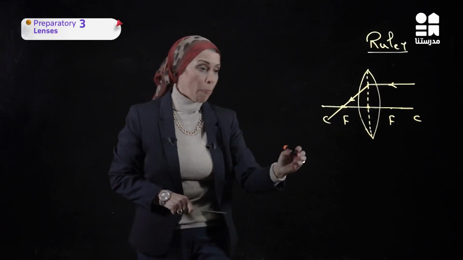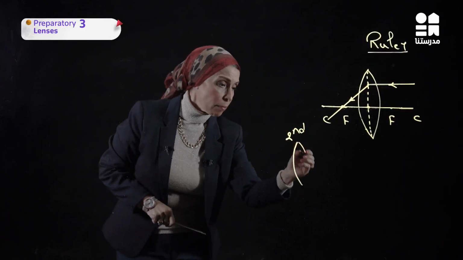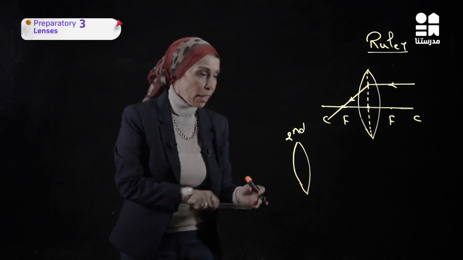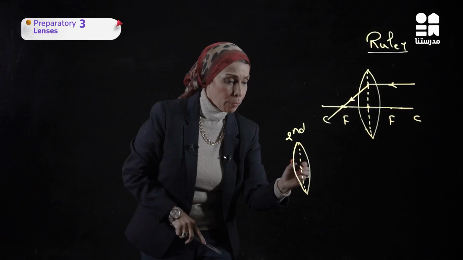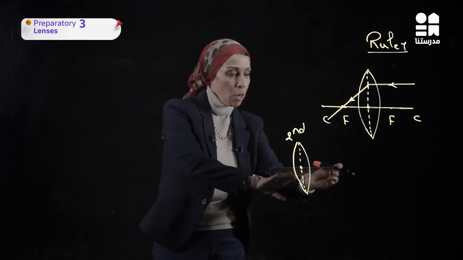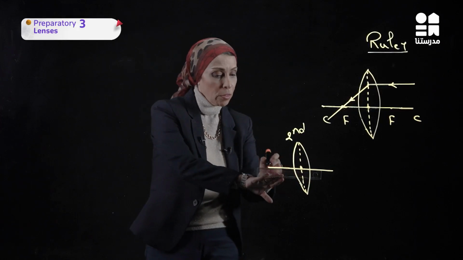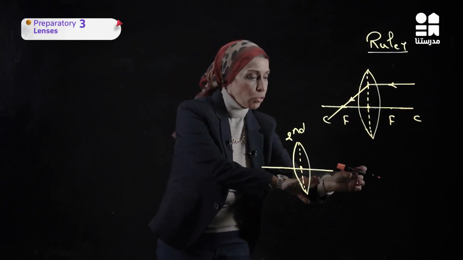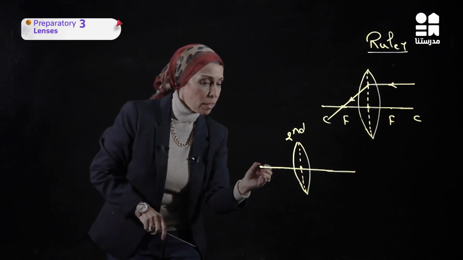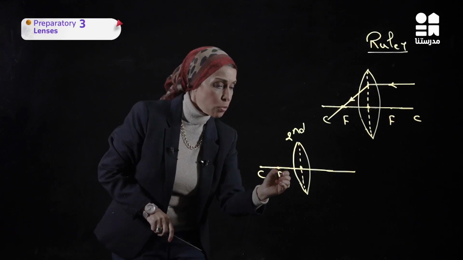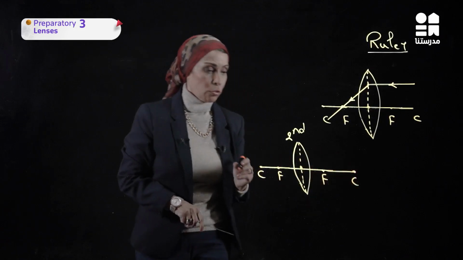The second rule. Here is my lens, and then put your dotted line to represent the middle, put your optical center in the middle, and this is my principal axis with two centers of curvature and two focuses. This is the center of curvature, and this is the focus, and another focus and center of curvature.